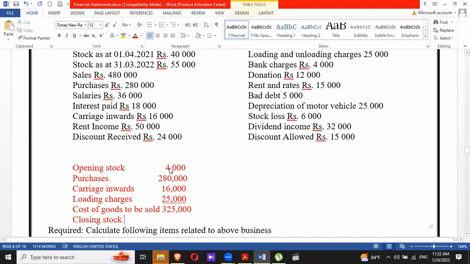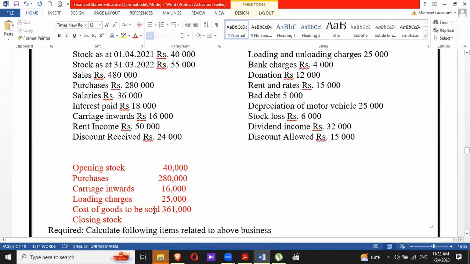Oh, sorry. Opening stock 40,000. Thank you. Yes, mistake. Opening stock 40,000, purchase 280, carriage inward 16, loading charges 25. What is the total of these four figures? 40 plus 280 plus 16 plus 25. 361,000. Right?